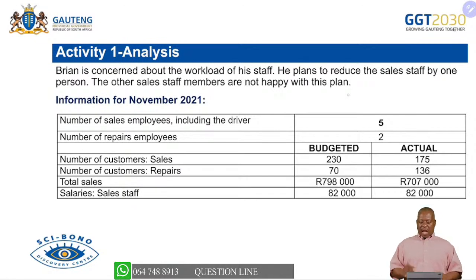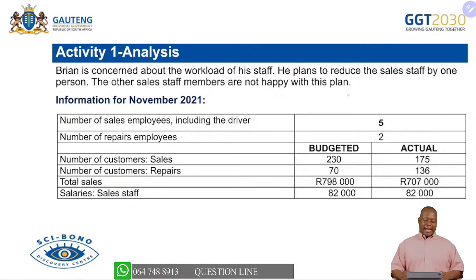No. Our sales are only 707. What does that mean? It means the guys in sales are failing to attain the targets. And because of that, whatever we are paying them for, they are not really doing it. Are we justified for taking 1 off? I'm not saying anything, but please take note.